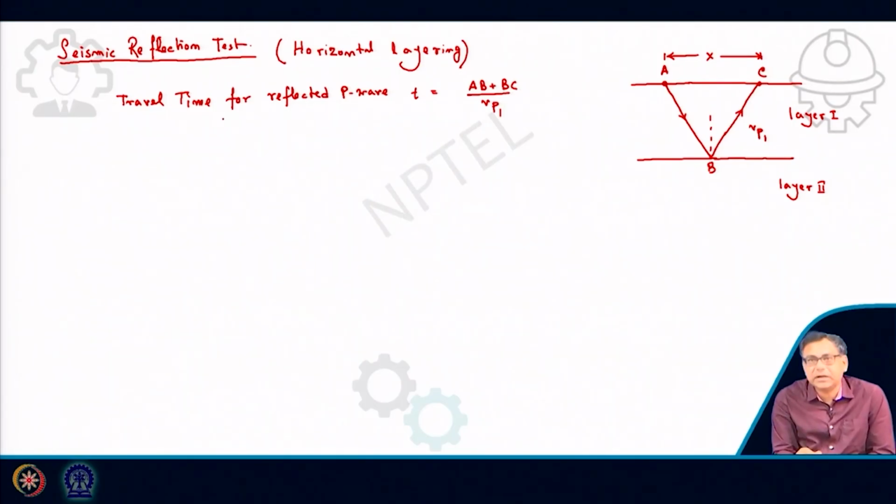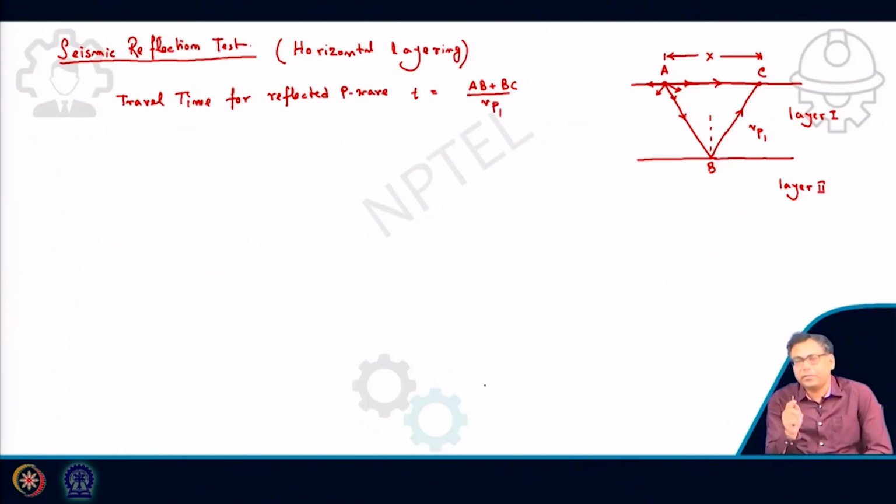Now, as I mentioned, there will be another wave that will reach directly from A to C, because waves are traveling in a number of directions. So, there will be two waves, one direct wave and another reflected wave.